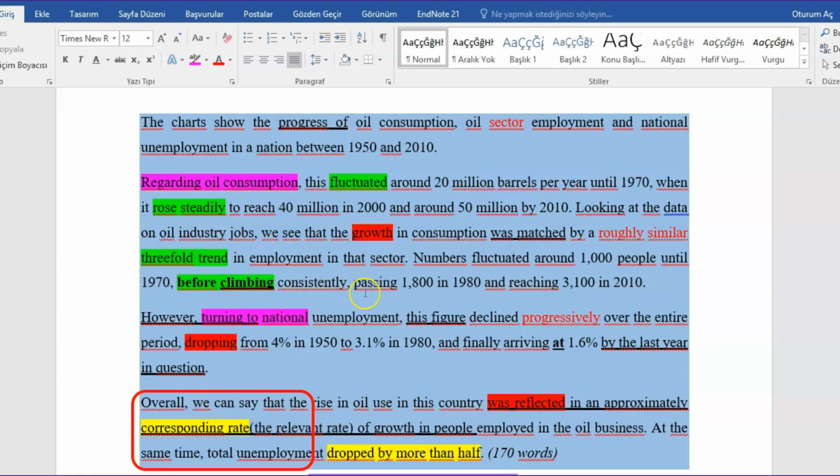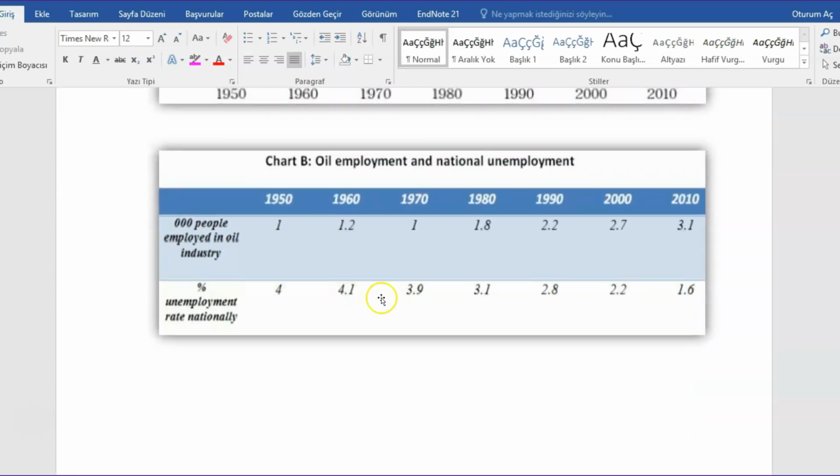Before climbing consistently, pay attention to the structure of before plus verb plus ing. Before climbing, before increasing, before falling, before tailing off. Okay, it's important. Before climbing consistently, increasing consistently, not rapidly, right?